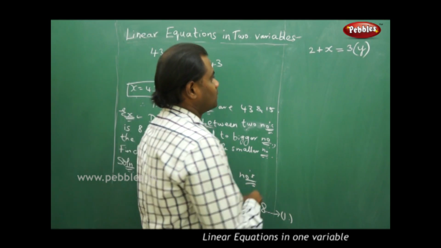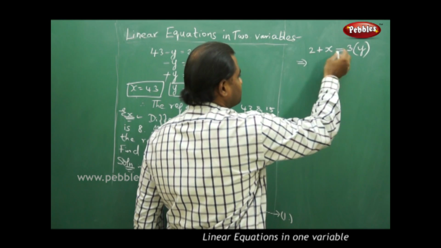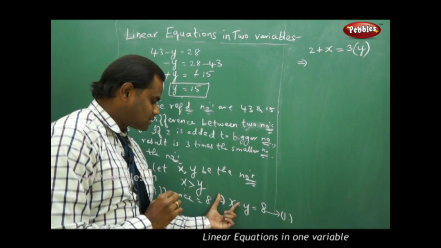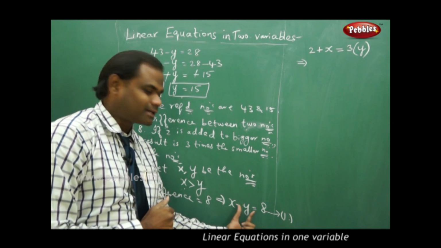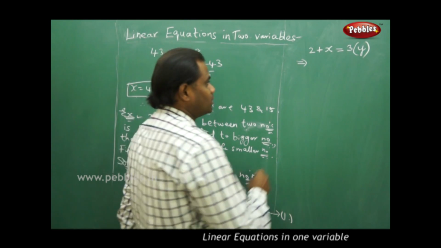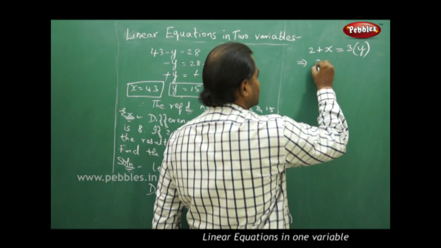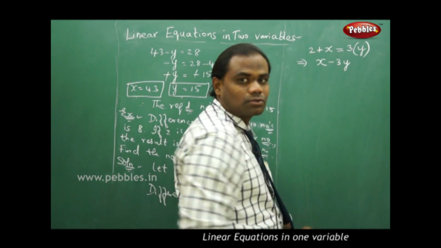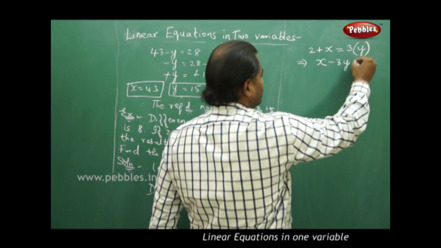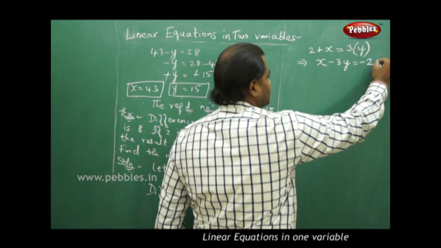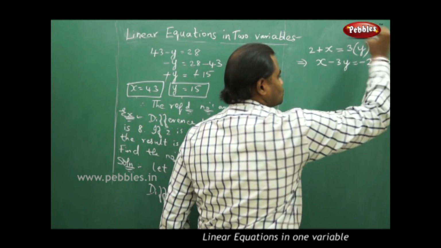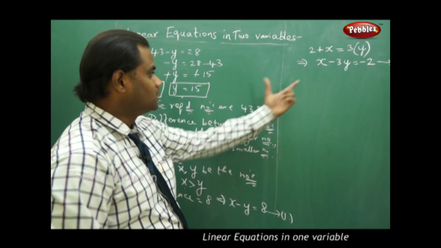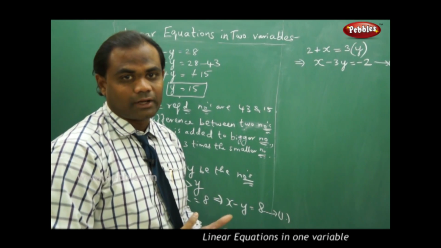Now I try to bring this into a similar format as equation 1, with the x term first, the y terms second, and the constants on the right. If I rearrange the terms, I get x, plus 3y to the left comes out to be minus 3y, and plus 2 brought to the right would be minus 2, and this is equation 2. Now I want to solve equation 1 and equation 2 to find x and y.